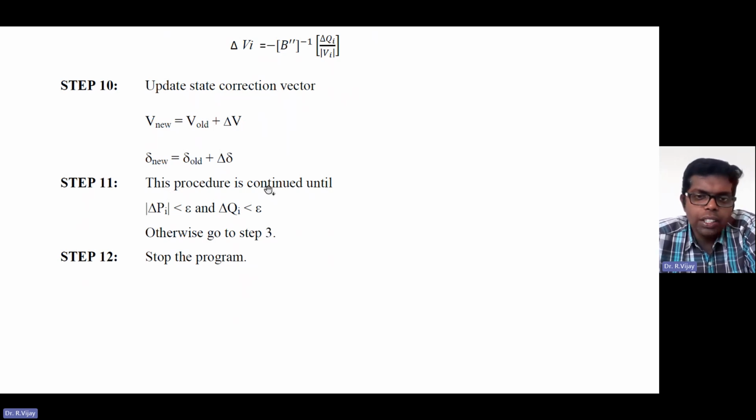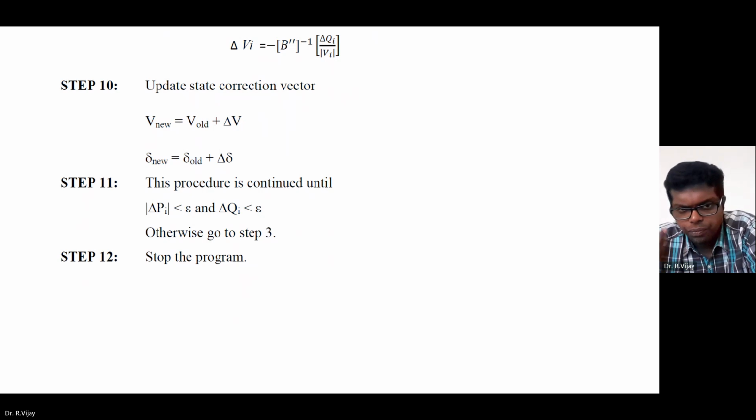The procedure is continued until del P is less than zeta and del Q is less than zeta. So zeta is the tolerance limit. Otherwise, if you do not specify this tolerance limit, your program will run for n times. Your program will not stop.